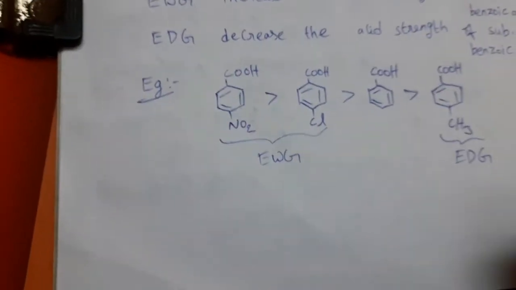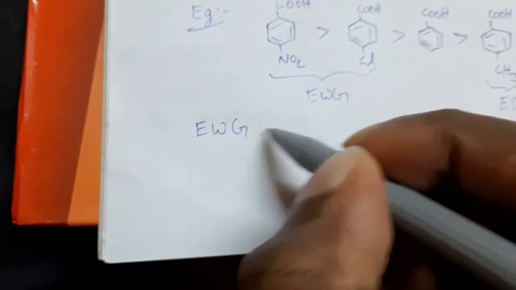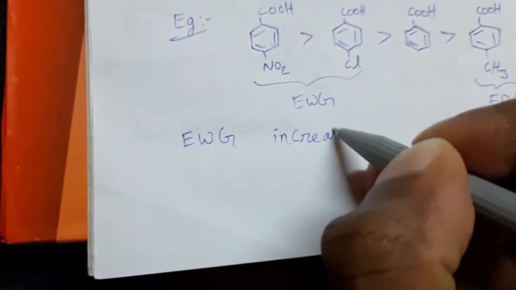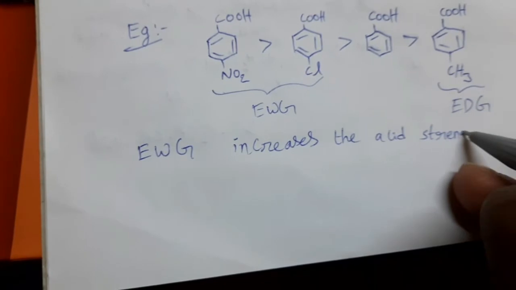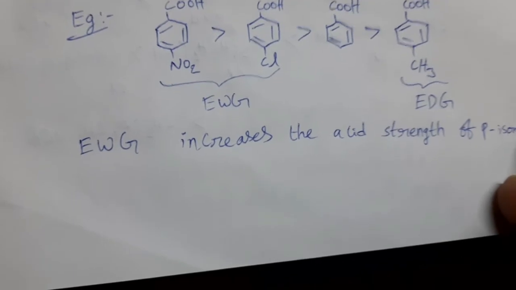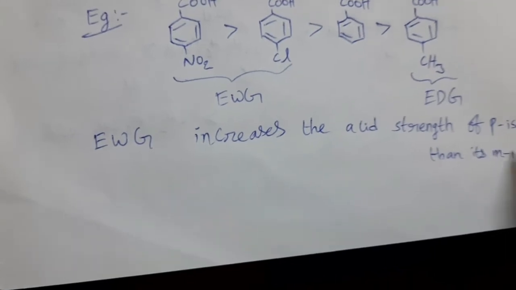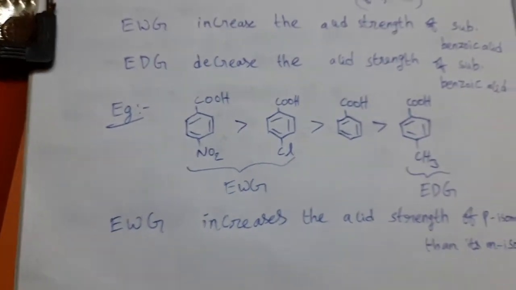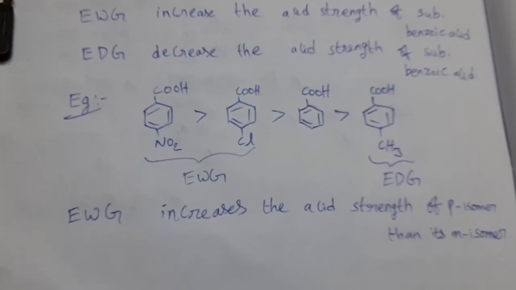Okay, now electron withdrawing group increases the acid strength of para isomer than its meta isomer. In aromatic acids, we can get isomers, ortho form, para form, meta form. I mean ortho isomer, para isomer, meta isomer.